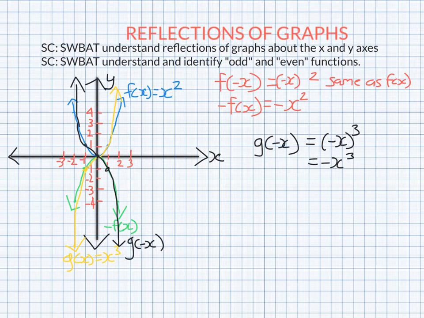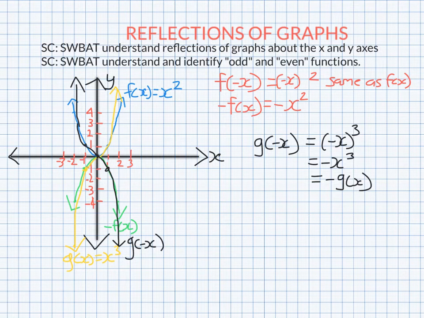Now notice, this here, minus x cubed, is exactly the same as minus g of x. In the first one, we saw that if I put a minus out the front of the function, we had a reflection about the x-axis.